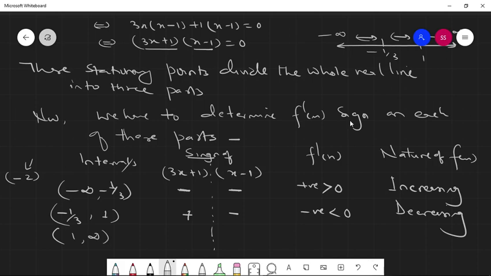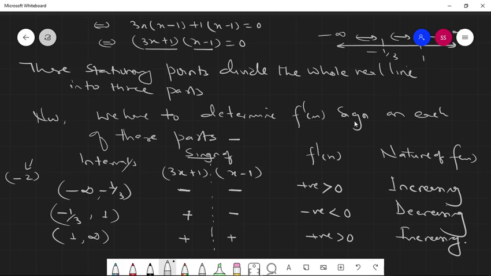Suppose I take 5 from this interval, 5 times 3 is 15 plus 1 positive, 5 minus 1 is 4 positive, positive is positive, greater than 0. The function is increasing in this interval.